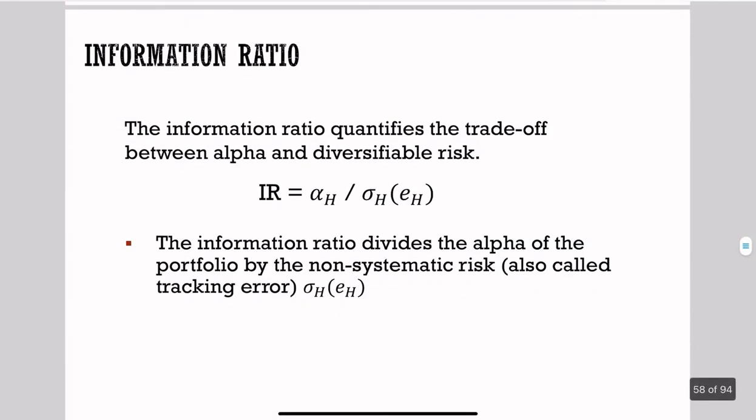Okay, next, the final one, information ratio. The information ratio is defined as the alpha divided by the diversifiable risk. Here, H refers to portfolio H, and alpha H is portfolio H's alpha.